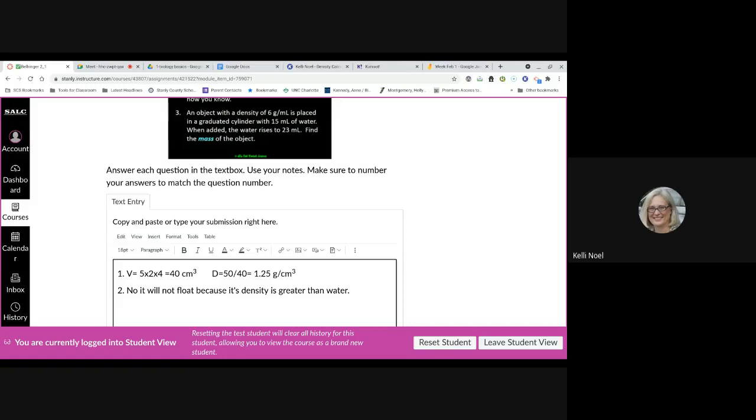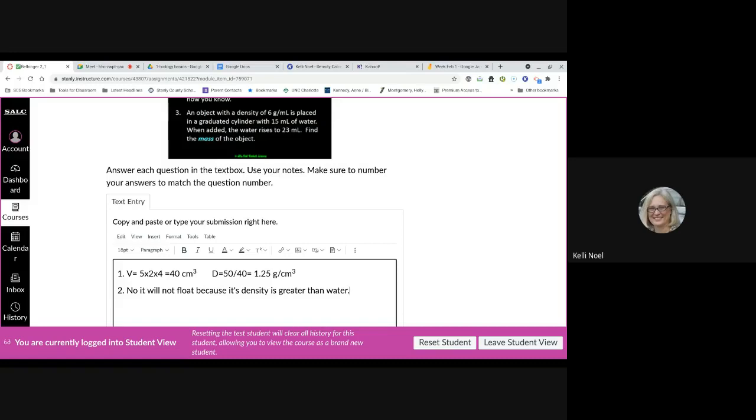If I was looking for density, I cover up the D and I see it's mass over volume. If I want volume, it's mass over density. And if I want mass, it's density times volume.